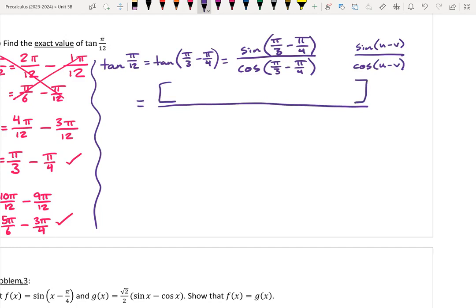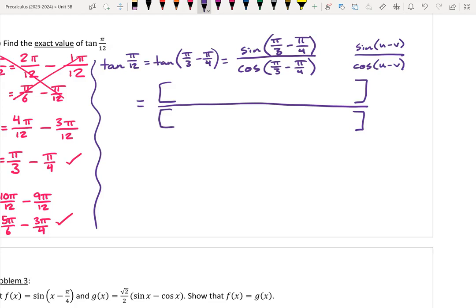And then look at your cosine of u minus v formula and use that to get your denominator. I want you to see if you can fill out our numerator and denominator. And then if you want to venture forth and use your unit circle after that, go ahead. I'm going to check in with that in about a minute.